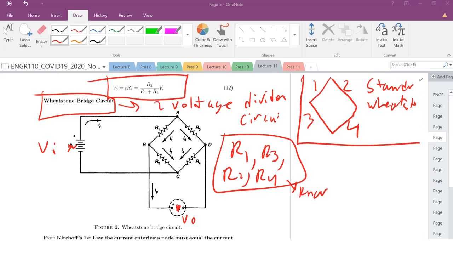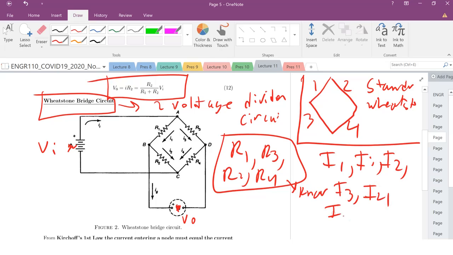But I1, I2, I3, I4, and IG, that's 1, 2, 3, 4, we will have basically 6 unknowns here. So these are all unknown. How am I going to solve for those values? I'm going to need to write 6 equations.